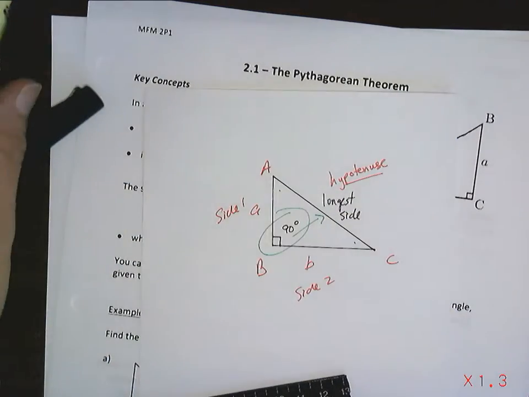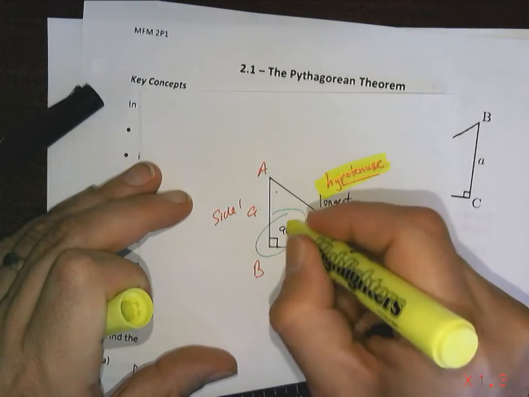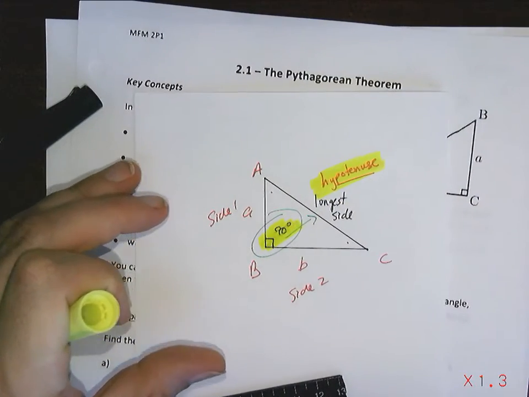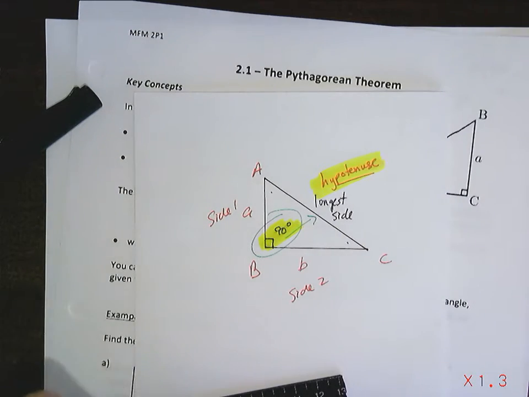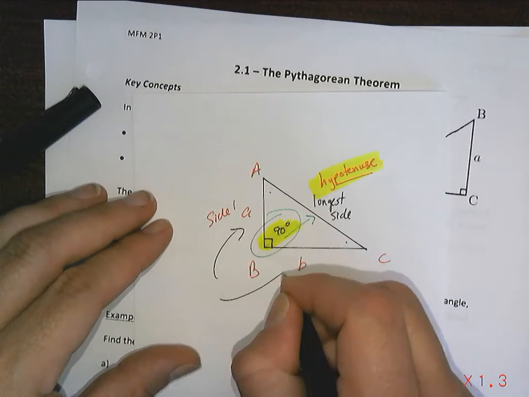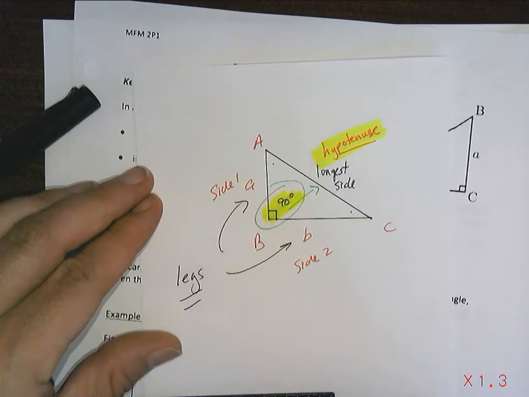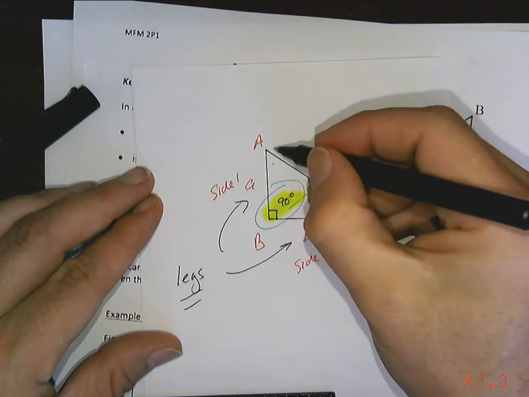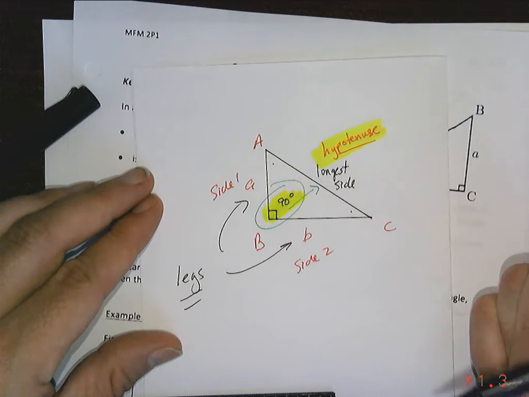What matters is that the side opposite the 90-degree angle is called the hypotenuse. In fact, for the most part, these two sides are generally referred to as the legs of the triangle. So there's the hypotenuse and what we call the legs of the triangle.